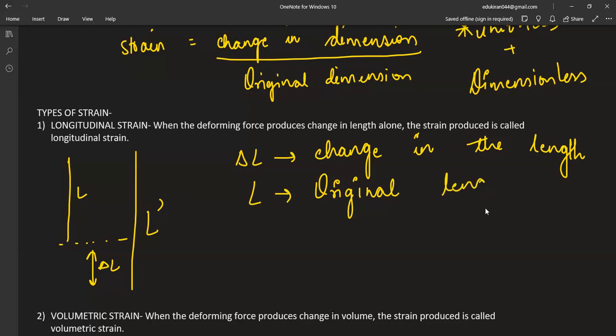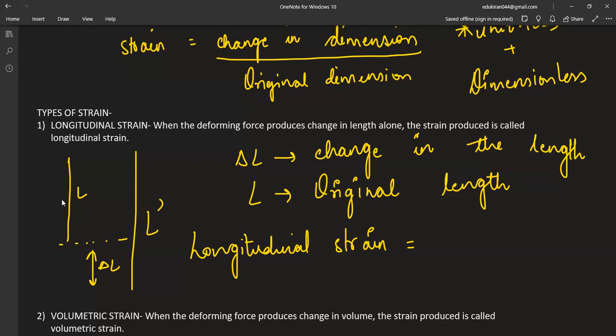And L is the original length. L was the original length. So when we are talking about the longitudinal strain, this is the change in dimension. So what is the change in dimension? L dash minus L, right?